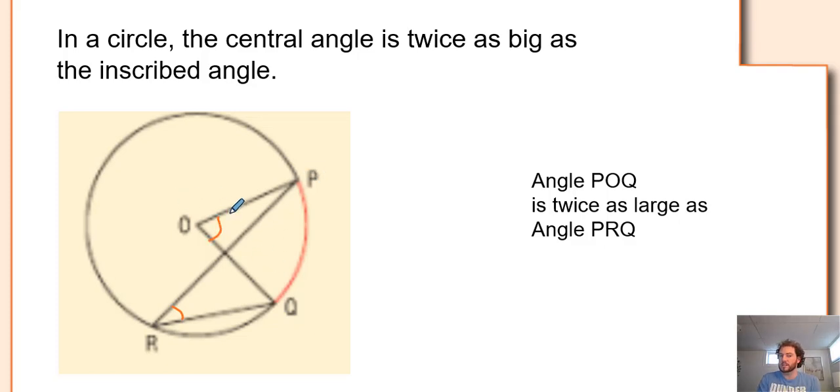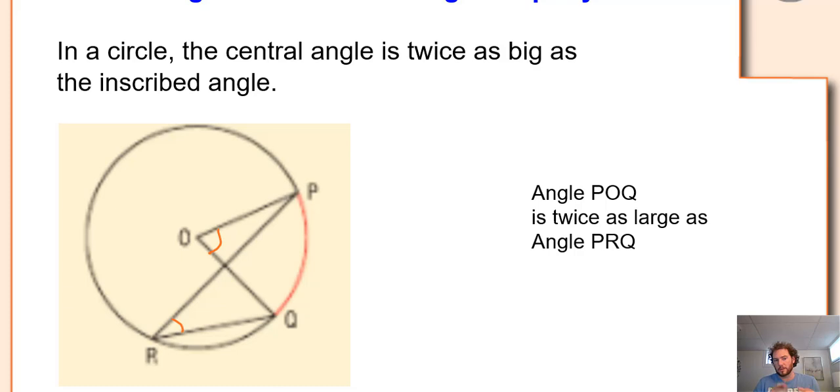Or in other words, the central angle is twice as large as the inscribed angle. Okay, so it's a really interesting property about circles that when I start using these arcs and making these angles where they start and end on the arc, we end up finding that any inscribed angle will be half as big as its central angle.